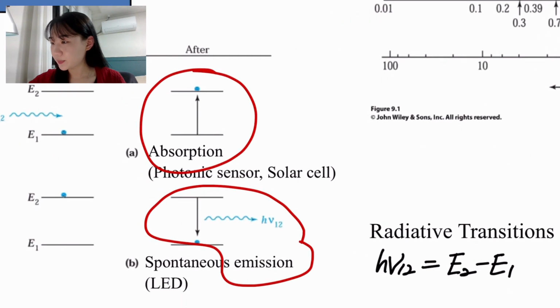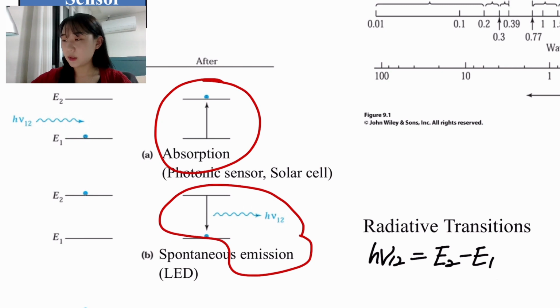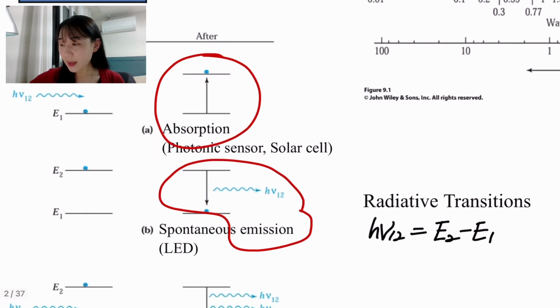And then, if the energy is smaller than the energy gap, this material absorbs the energy. And if the energy is bigger than the energy gap, this material emits the energy.